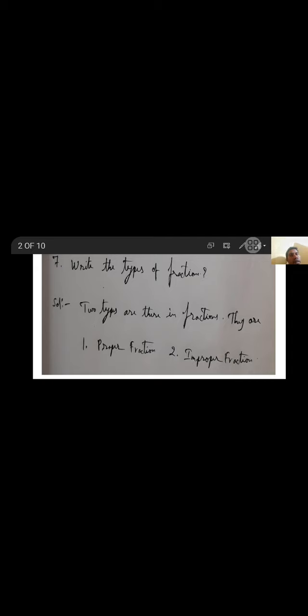Proper means the numerator is less than the denominator. Improper means the numerator is either greater than or equal to the denominator. For example, 4 by 4 comes under improper fraction, and 5 by 4 is also improper, but 4 by 5 is proper.